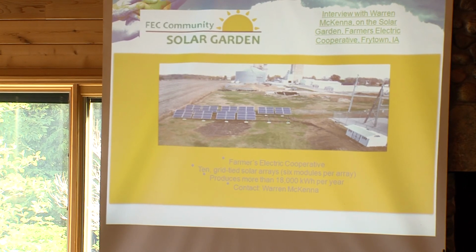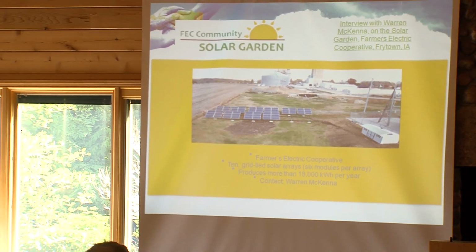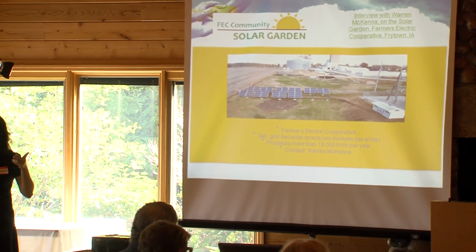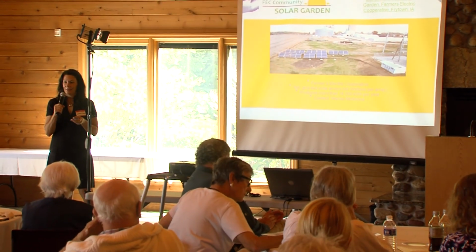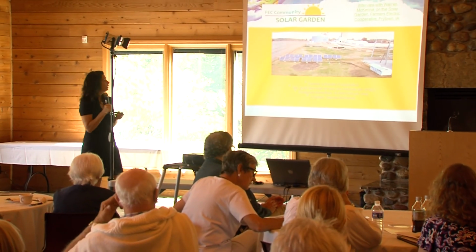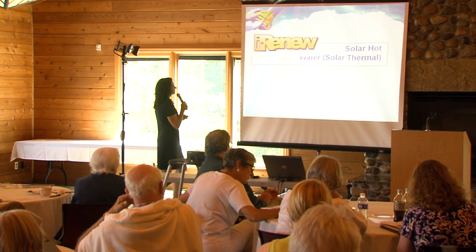And then whatever that panel produces is what they get as an offset on their utility bill. So all of that first cost has been removed. They just have to pay for the panel, which is about $250 per panel. And they're golden. So more of our utility companies need to do this for their members.